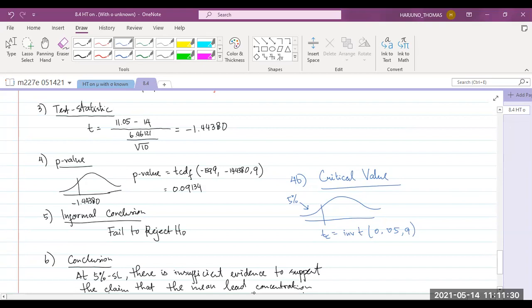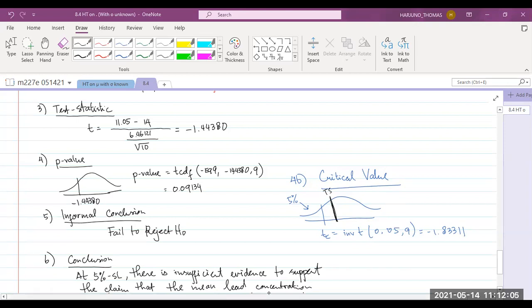It's this one. Negative 1.83311. My test statistic is not in the tail. This is where my test statistic is located. That's why we fail to reject the null hypothesis.